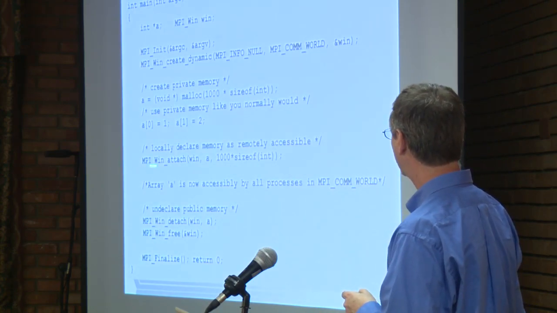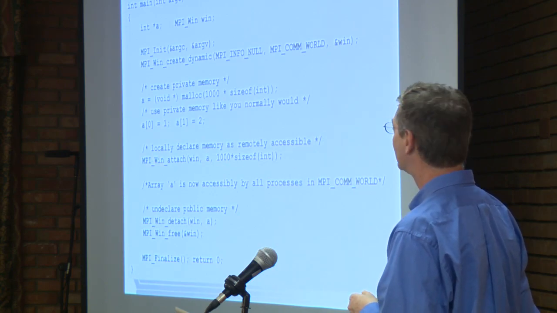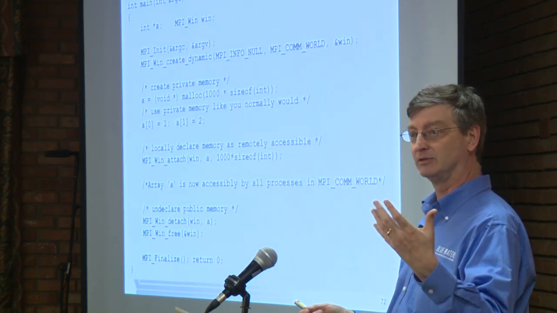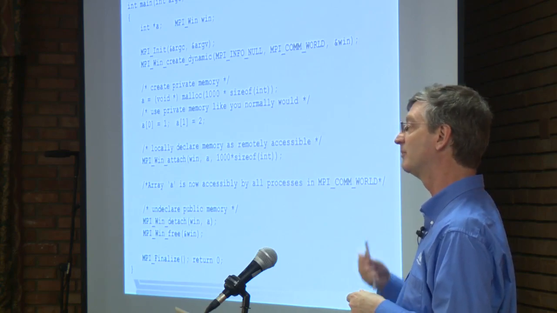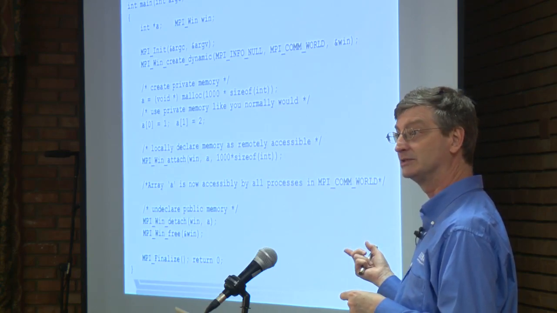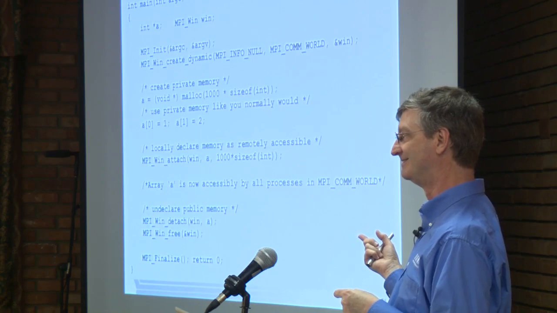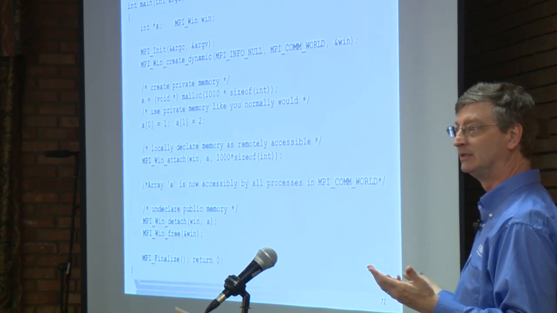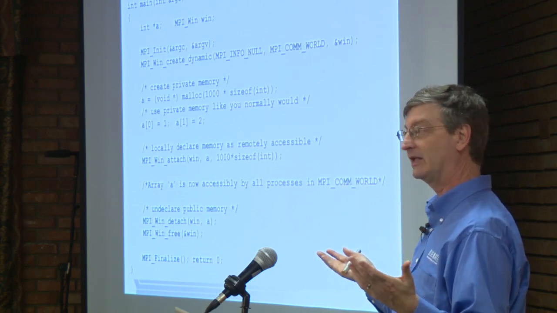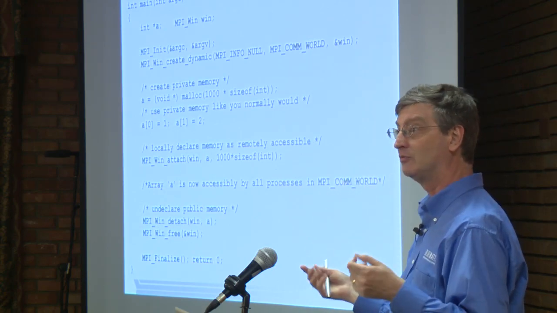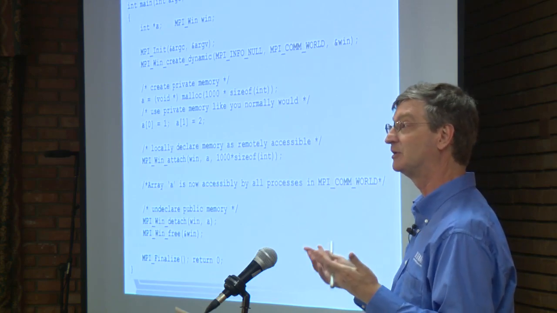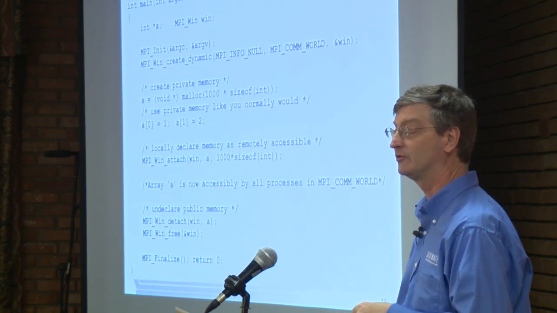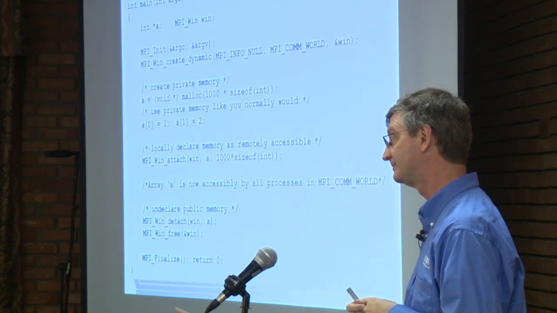When this routine returns, that memory is now accessible to one-sided operations from the other processes. Now, of course, they don't know that. So you'll have to have some other mechanism to let them know that it's there and what its address is, because in the case of dynamic windows, the offsets are basically the addresses.